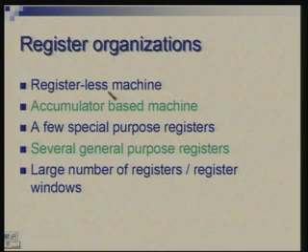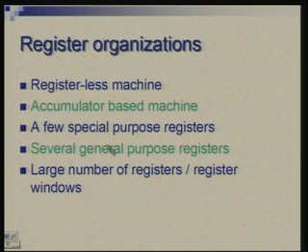You also have registerless machines. The stack organization could be of this kind. So, registerless, which means 0 registers, accumulator based machine, which means one register. There are also cases when you have more than one accumulator, so 2 or 4, but not very large. Then machines which have not too many registers, but each register has its own special purpose.